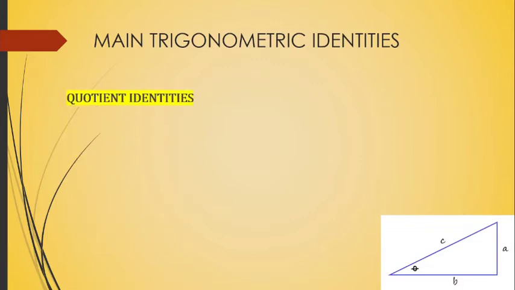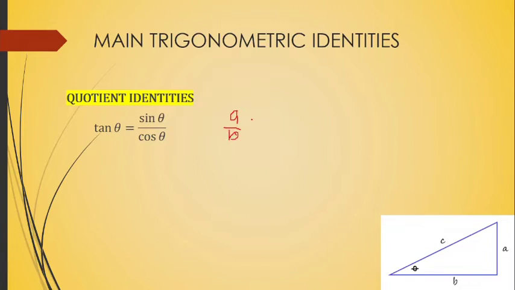Number 1 is the quotient identity. How do we determine that tangent is equal to sine theta over cosine theta? What is the tangent? Opposite over adjacent, so that is A over B.